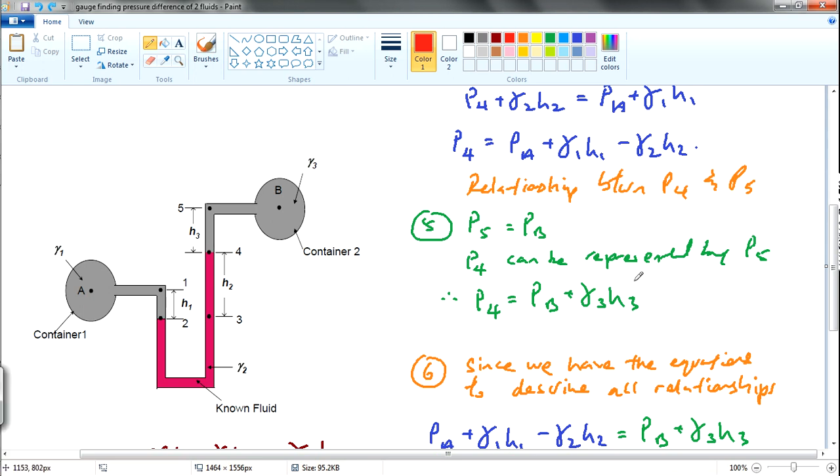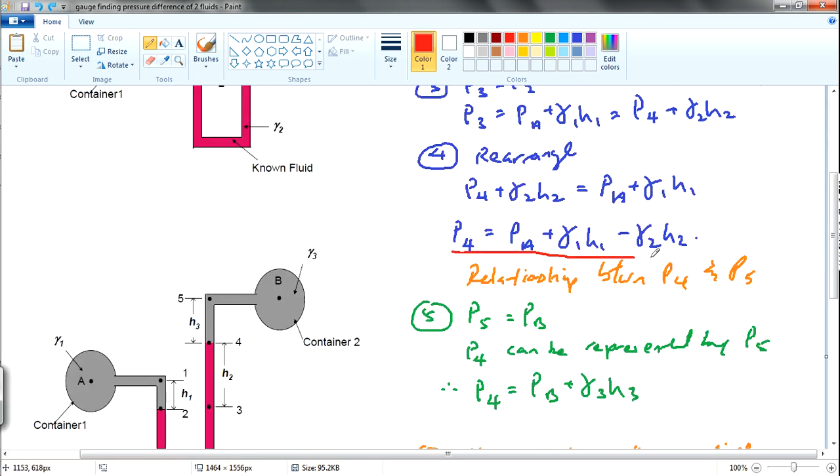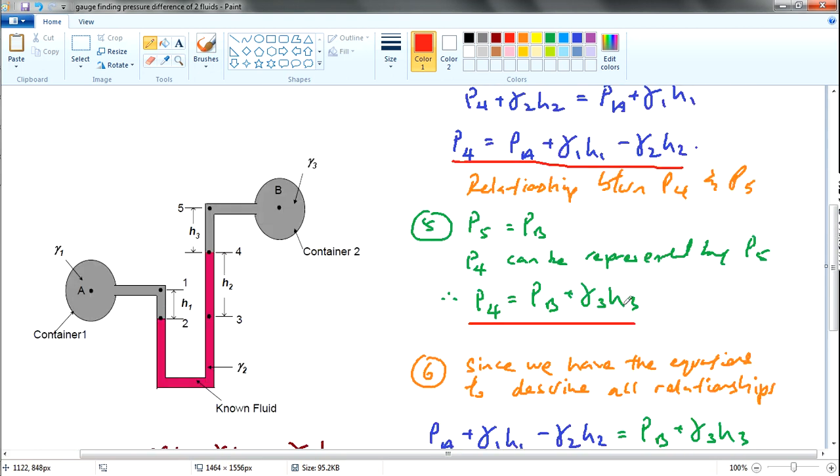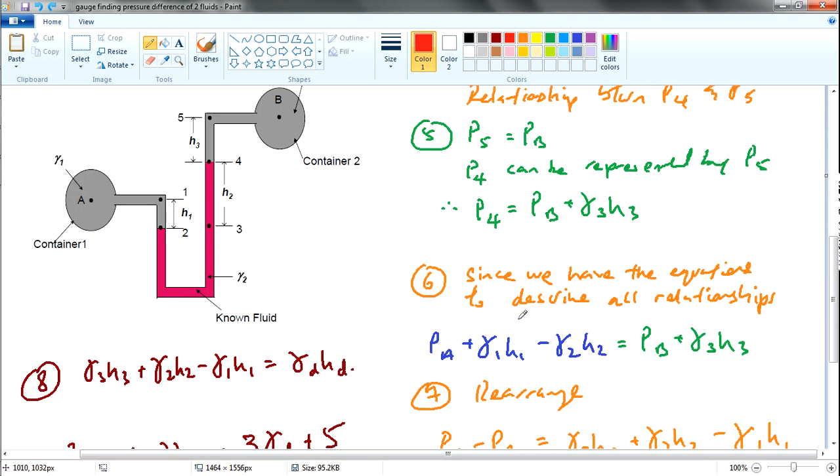And our two equations, since they are both equal to P4, this is equal to this. This is why we have written over here. The blue color, which is the portion over here and here, is rewritten over here, and P4 equals PB plus this portion, so it's rewritten over here.